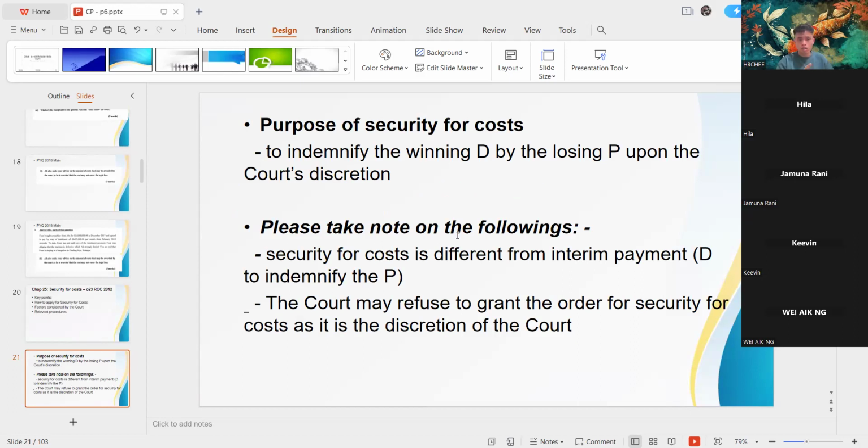Okay, Rani, for your question, I will show you in the subsequent slides, because I have covered this in my slides. So the purpose of security for costs is to indemnify the winning defendant against the losing plaintiff. This is what I said earlier, the difference between interim payment and security for costs.